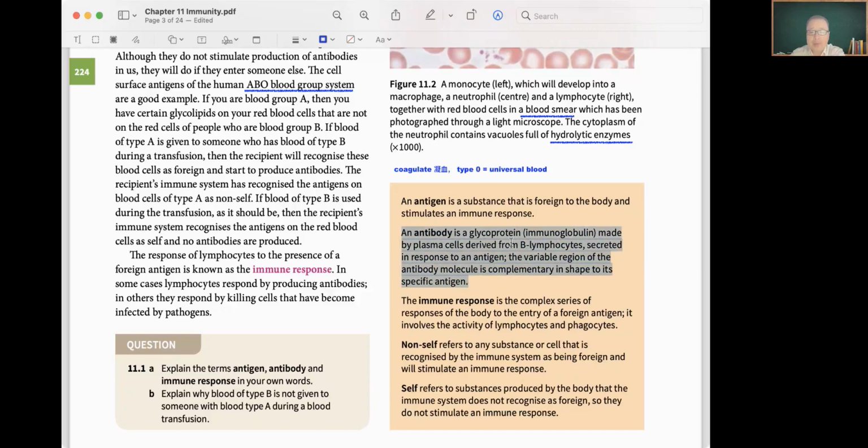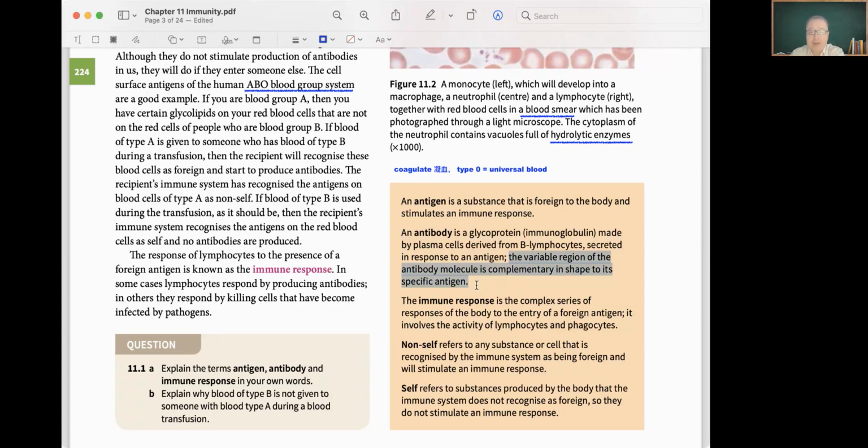Antibody is a glycoprotein immunoglobulin made by plasma cells derived from B lymphocytes, secreted in response to an antigen. The variable region of the antibody molecule is complementary, 互补, in shape to its specific antigen.